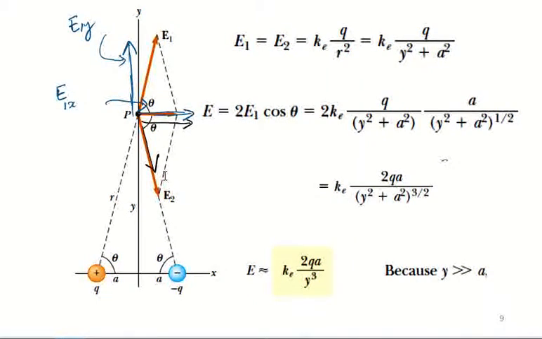So this is E2x, but E2y would be in the opposite direction to E1y.